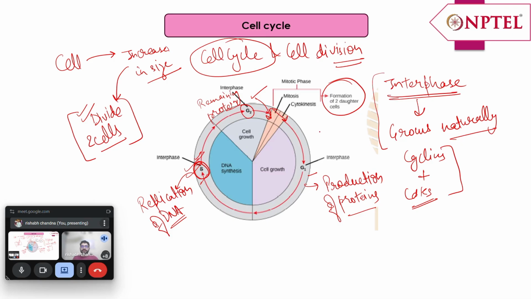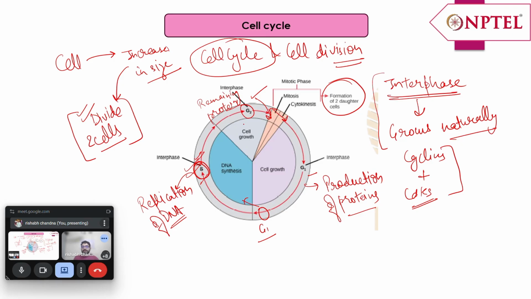Okay, so there are three major checkpoints involved in the cell cycle. The first checkpoint is the G1 checkpoint, which realizes that the cell is ready to divide, and it now enters into the synthesis phase. I'm not going into detail about which cyclin and which CDK is involved in which checkpoint.